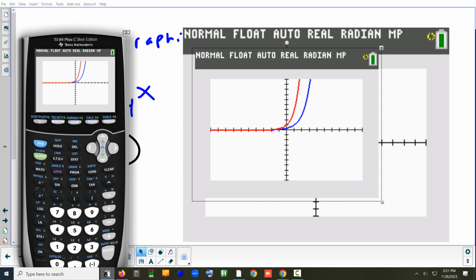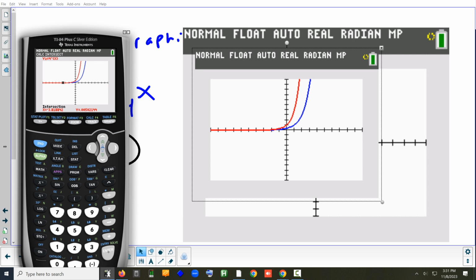So let's just do the intersect because it's such a thick line we can't really see it. Let's do second calc intersect. So I think it's going to be further to the left that they cross. Yeah, so now they cross at -3.8. So just by shifting it right 1, it really messes up where they cross.